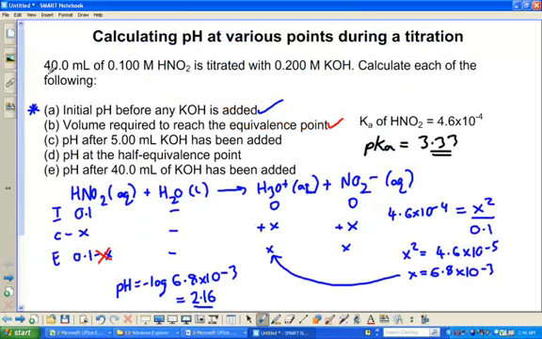Initially, we had 40 mils of our acid, and we added in 40 mils of our KOH. So what's that total volume? Well, of course, that total volume is 80 mils.